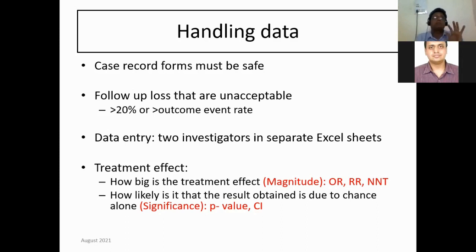So many of the time, just saying that treatment A is superior to treatment B because the p-value is less than 0.05, sorry, they say that tell me how superior is treatment A as compared to treatment B. What is the relative risk of giving treatment A versus treatment B? So most of the journals are now interested in magnitude of the treatment effect rather than the significance of the treatment effect.